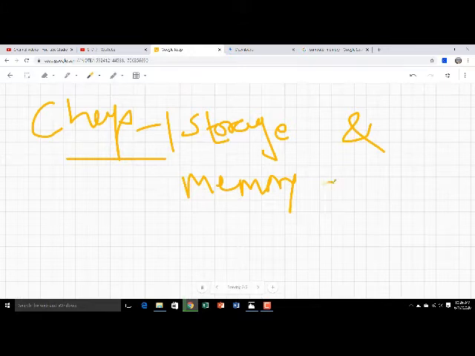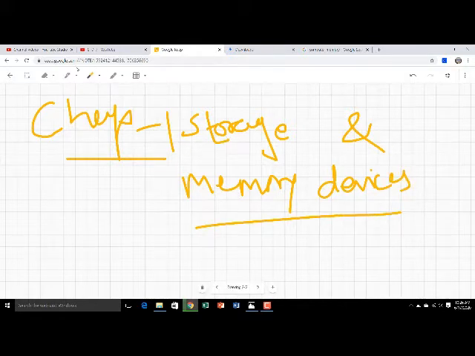So this is our chapter name, chapter first. The standard is fourth, and the chapter is first, storage and memory devices.